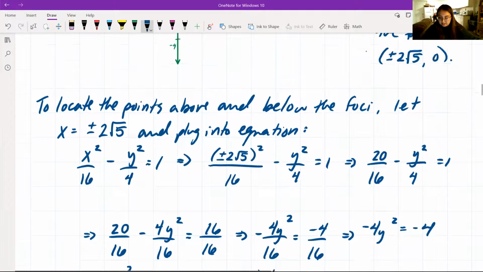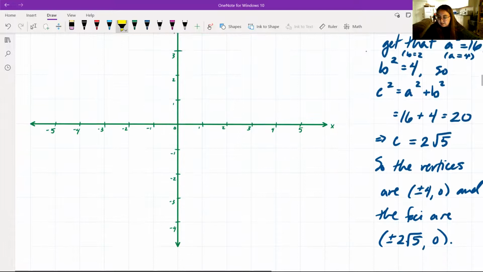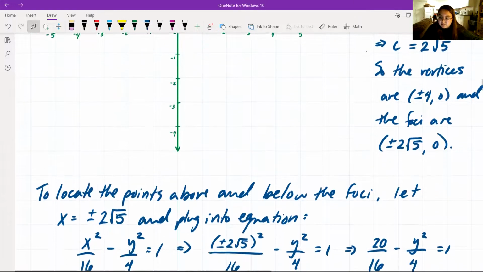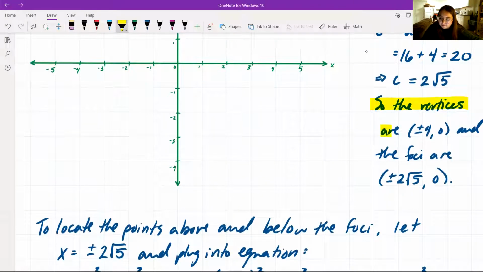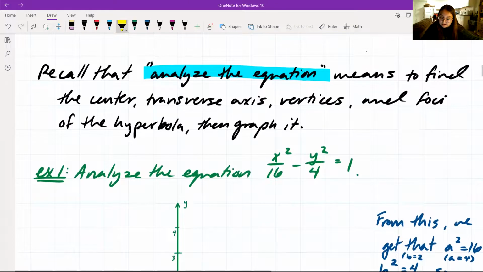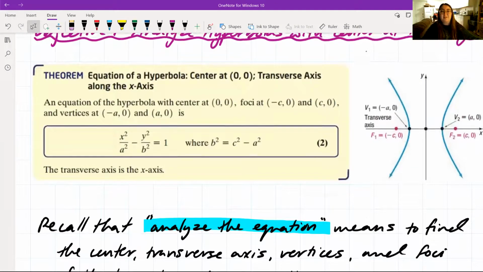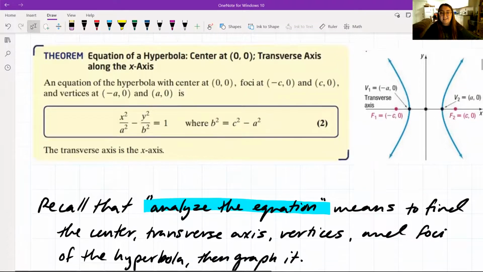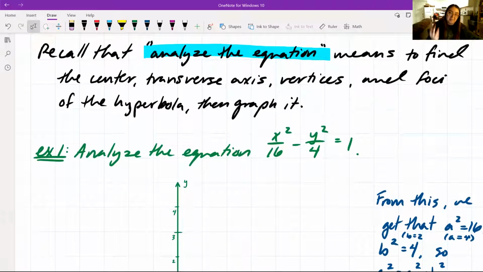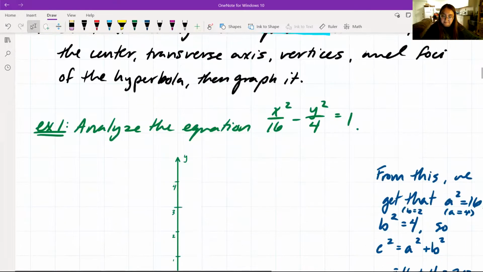So quite a few points here that we had to find. Remember, this equation asks us to analyze. So we wanted to find the vertices and the foci. We also want to find the center and the transverse axis. All we've learned so far was center at 0, 0 and the transverse axis along the x-axis. So this is obviously going to be centered at 0, 0 and the transverse axis will be on the x-axis.